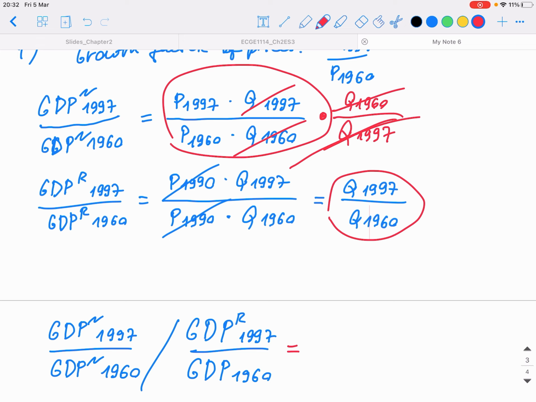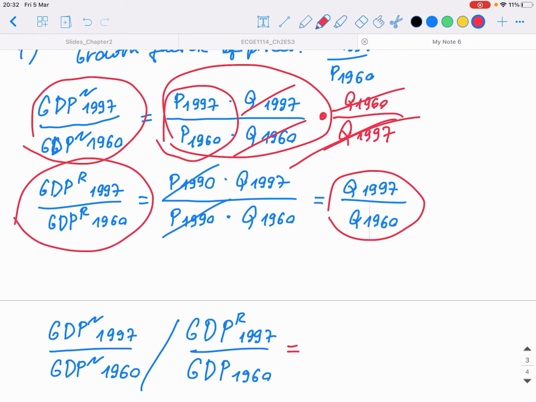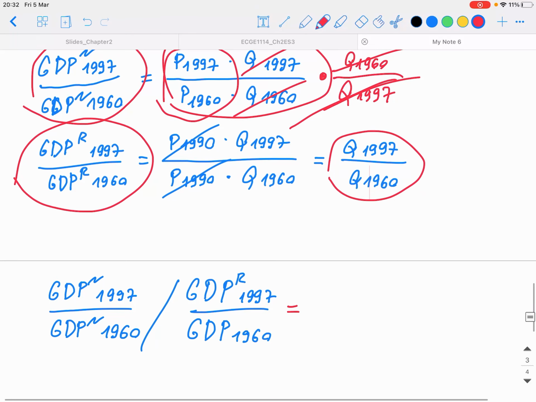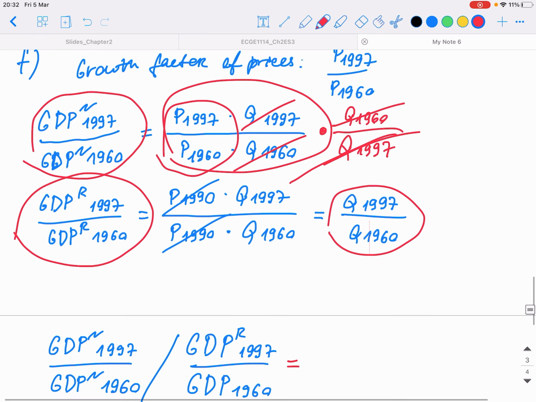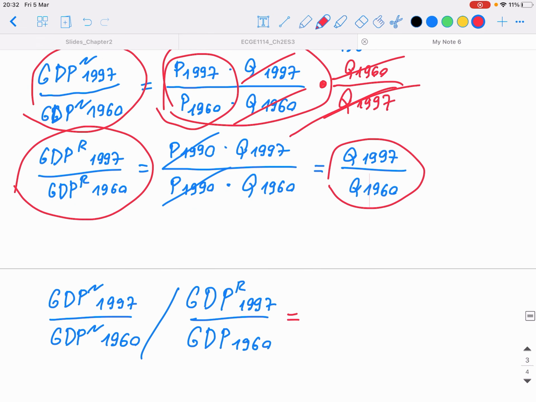So when you divide the growth factor of nominal GDP by the growth factor of real GDP, you will get, sorry, not the deflator, but the price growth factor.